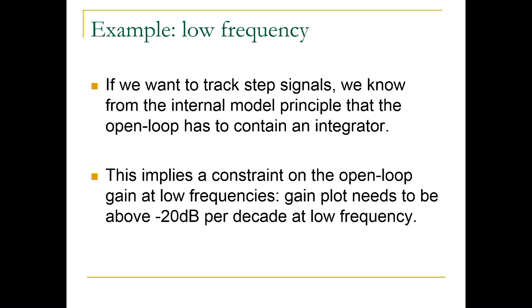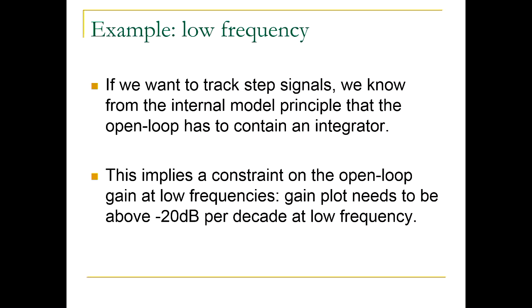Why is this? Well, if the controller contains an integrator, which is necessary for zero steady state error for tracking step references, then when we are plotting the open loop Bode diagram with an integrator, we would be adding the Bode plot of the integrator with something else. There will be lots of other stuff, but the integrator itself would impose this constraint, because we are graphically adding Bode plots of constituent transfer functions.